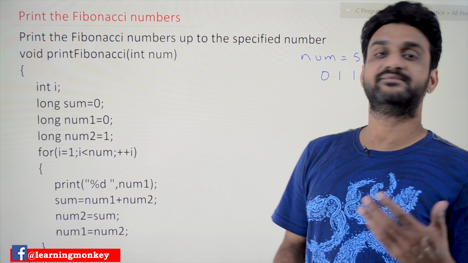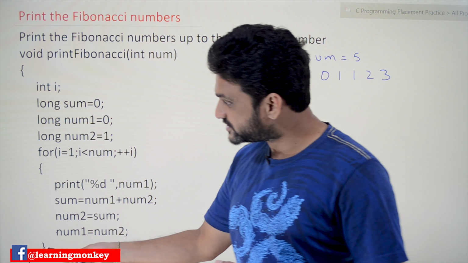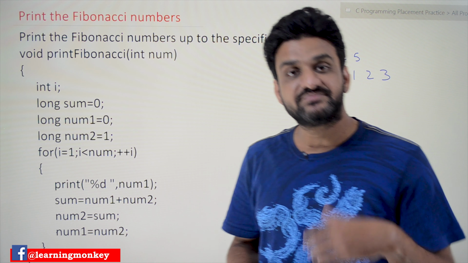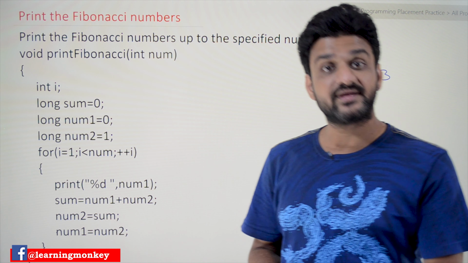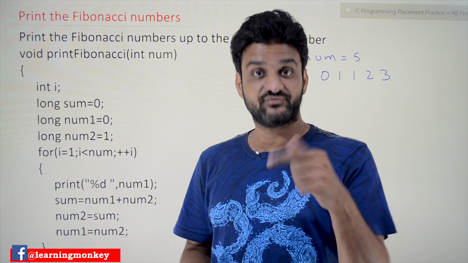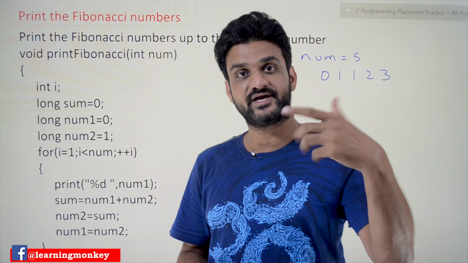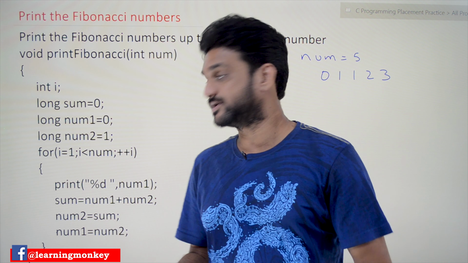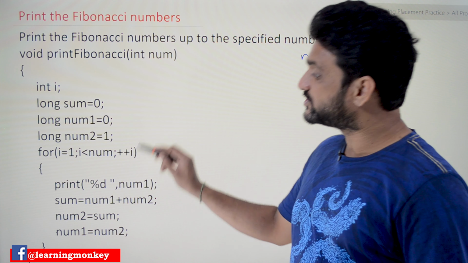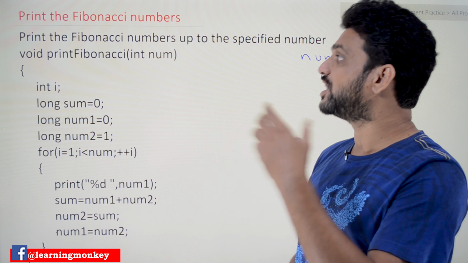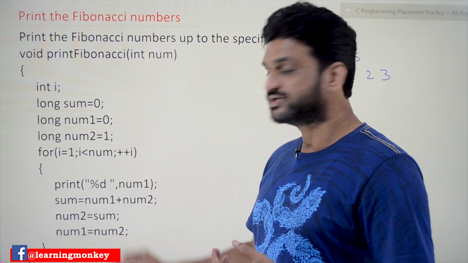So how many times does the logic within this for loop have to iterate? We have to verify that also, whether the values are iterating in the right way or not. In order to get the correct output, this for loop has to iterate 5 times.